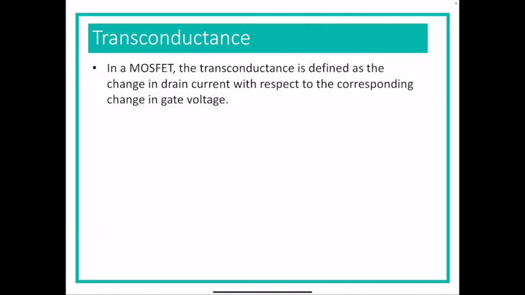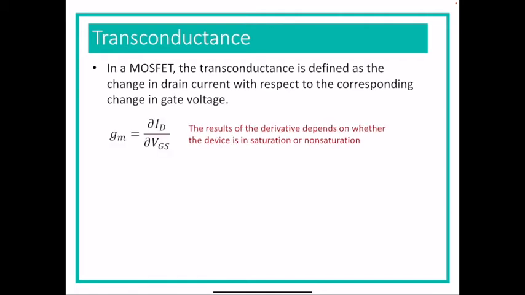We touched on transconductance earlier and talked about how when you take a small value of VDS and then change the values of VGS, you get a linear slope that gives you the conductance at that particular value. We actually look at the conductance over the whole curve, and remember the ID equation is different depending on if you're in saturation or non-saturation.